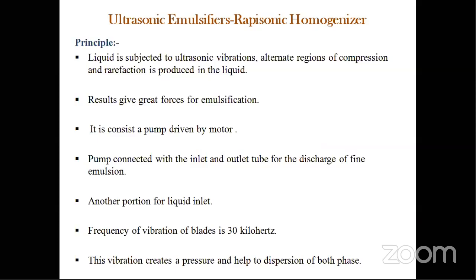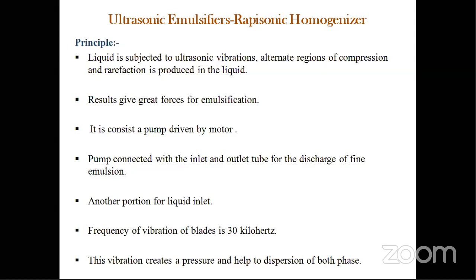Now coming to the most sophisticated and important instrument in the world today, it is the ultrasonic emulsifier, the Rapisonic homogenizer. From the name, you already have an idea that this Rapisonic homogenizer consists of sonication.